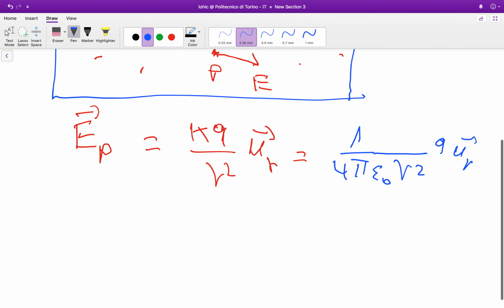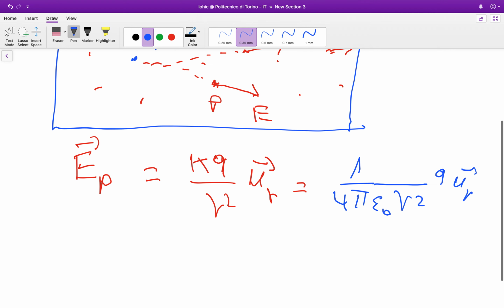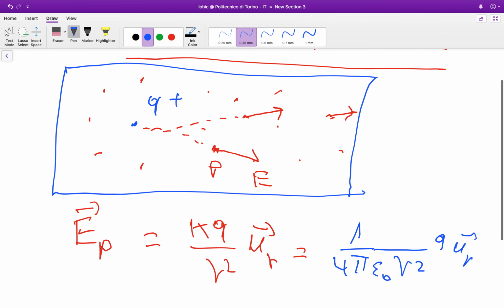By the way, keep in mind that the electric field is a vector at every point. So you see that it's not important to have a test charge in order to have the field, because this charge Q creates the field already.